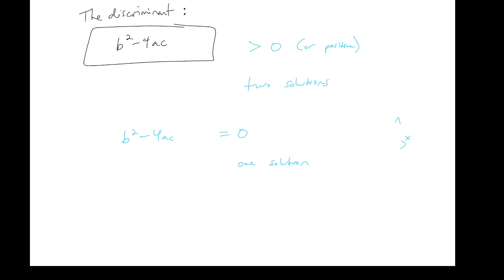What's our other alternative? Well, there's no real solution. So when b squared minus 4ac is negative, or less than 0, it means there are no real solutions. There are no roots or intersections of the x-axis.